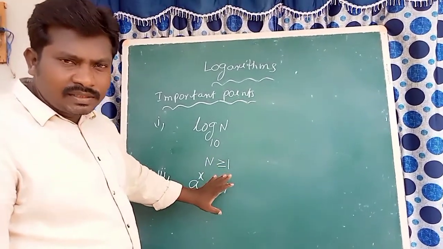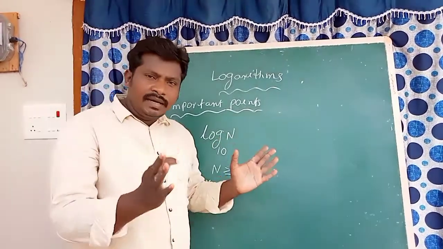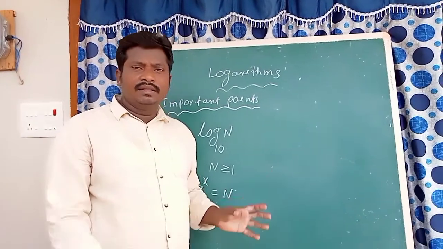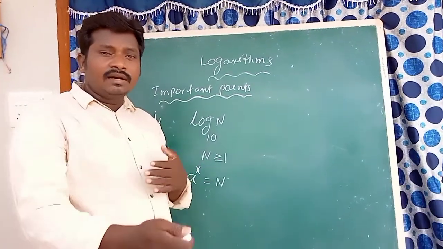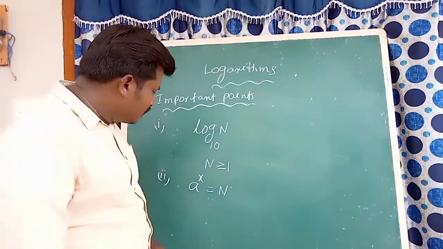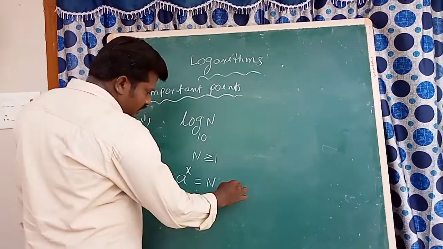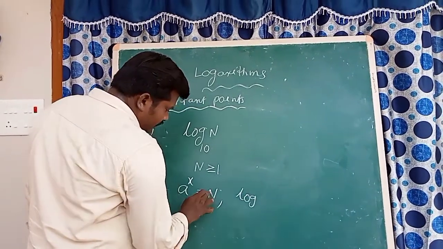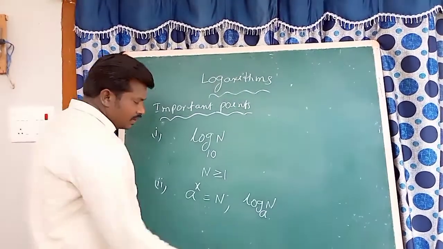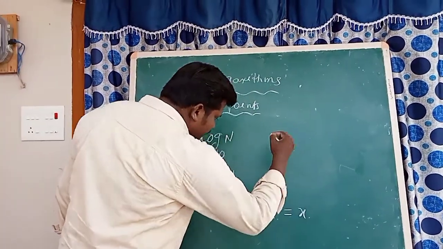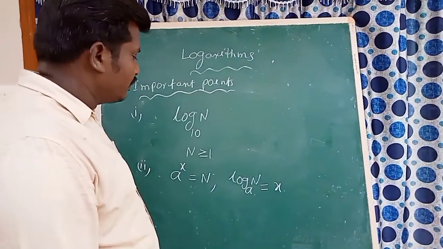In this exponential form, exponent is the inverse of the logarithm. Now you can apply log on both sides. You will get log n base a is equal to x. That is the logarithm form of the given exponential form.